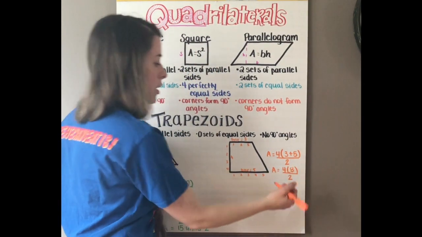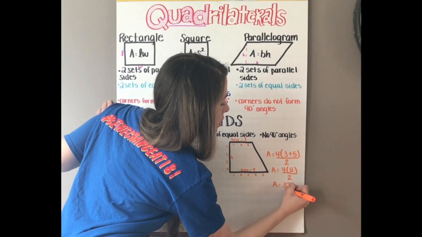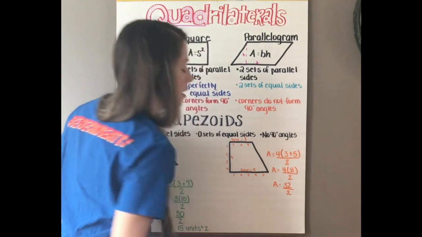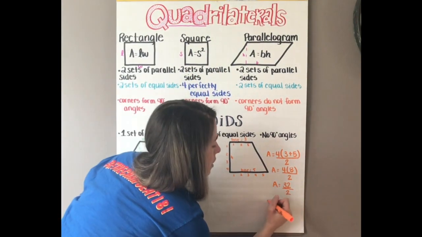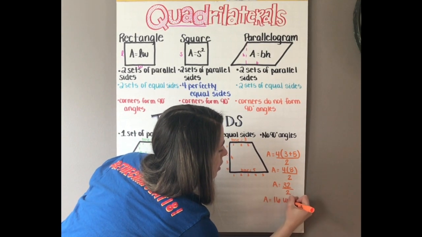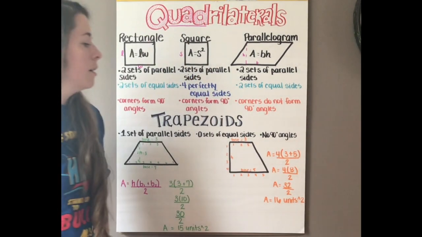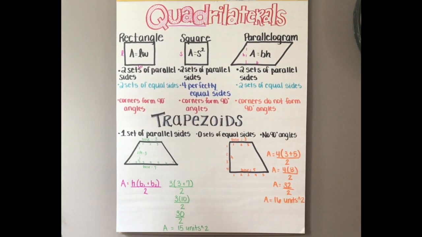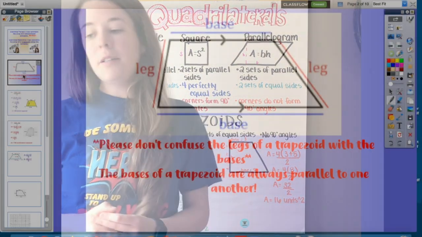Now I'm going to do 4 times 8, which is 32, divided by 2. And then 32 divided by 2 would be 16. So 16 units squared, because area is always labeled as units squared. All right, let us know if you guys have any questions.